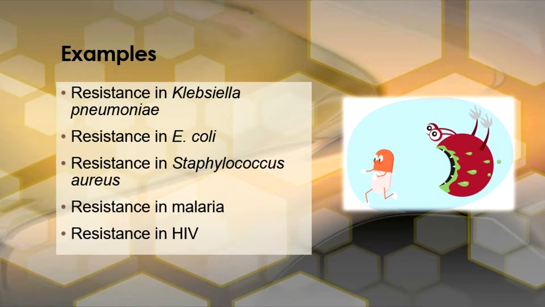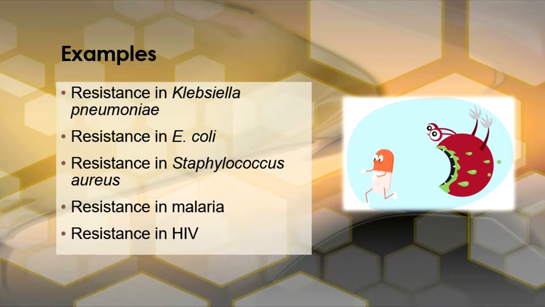In Staphylococcus aureus, there is a strain known as methicillin-resistant Staphylococcus aureus that can cause severe infections in health facilities. People with this strain are estimated to be 64% more likely to die than people with a non-resistant form of the infection.